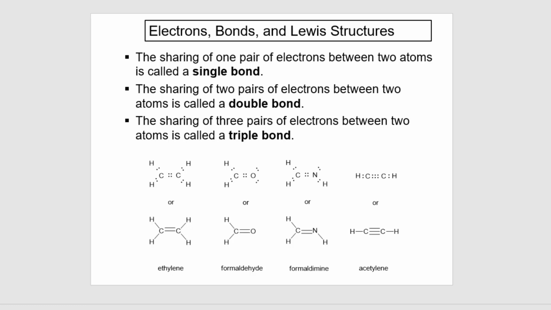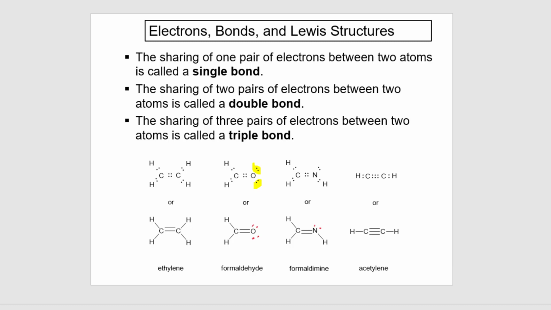Now, it looks like the formaldehyde drawn accounts for all the bonds, but let me just draw in its lone pairs, right? Because these 2 lone pairs hadn't been represented in the Lewis dot structure below. Same goes for the formaldimine.